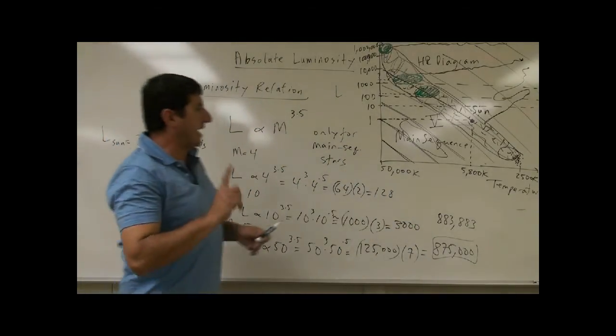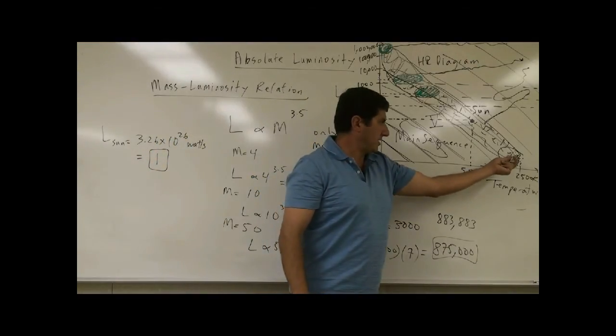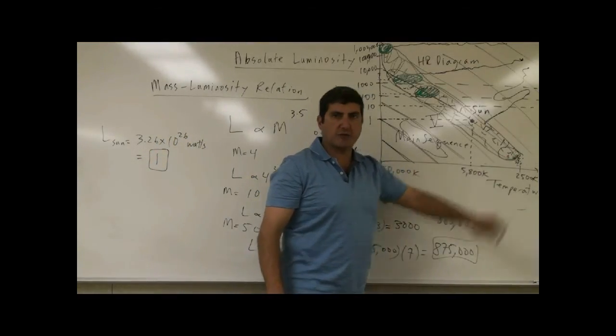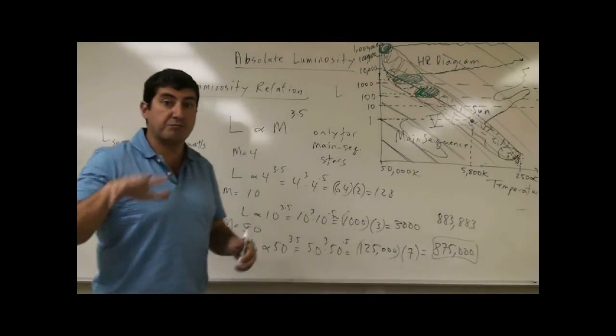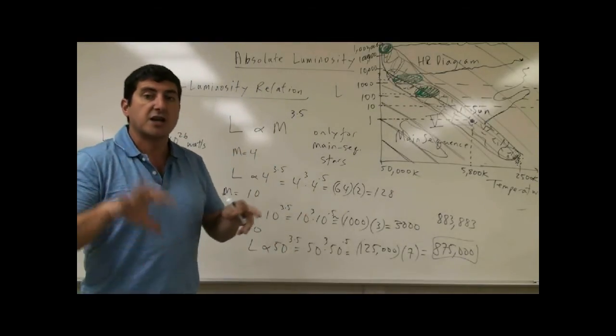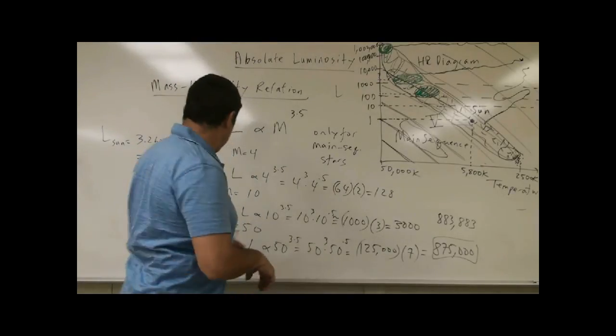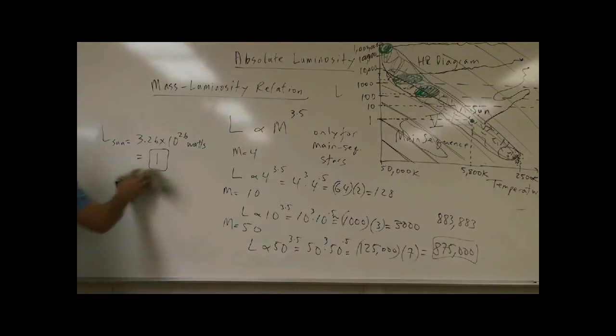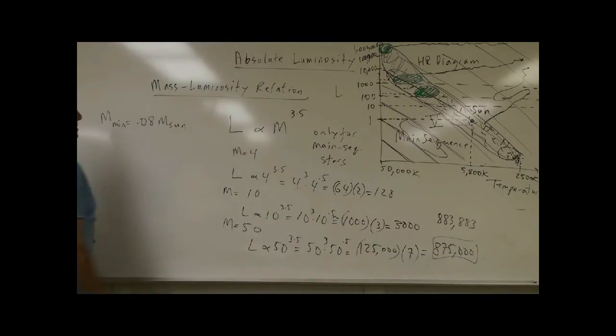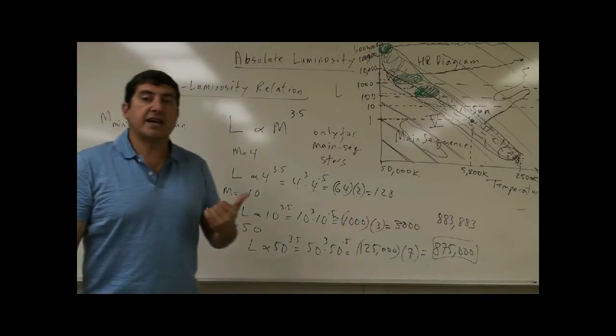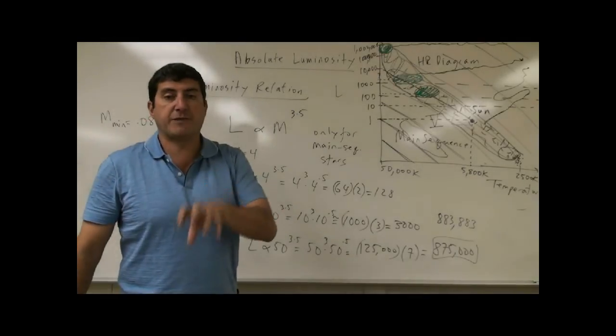So what would be the mass of the low part of the HR diagram? Well, it turns out that the lowest mass possible star is roughly about 8% of the mass of the sun, okay? Any lower than that, and the star doesn't become a full-fledged star.